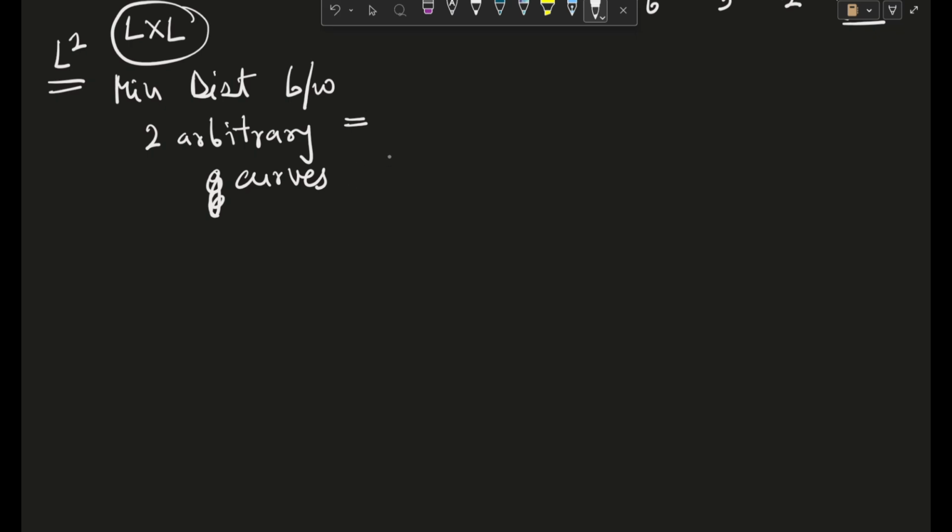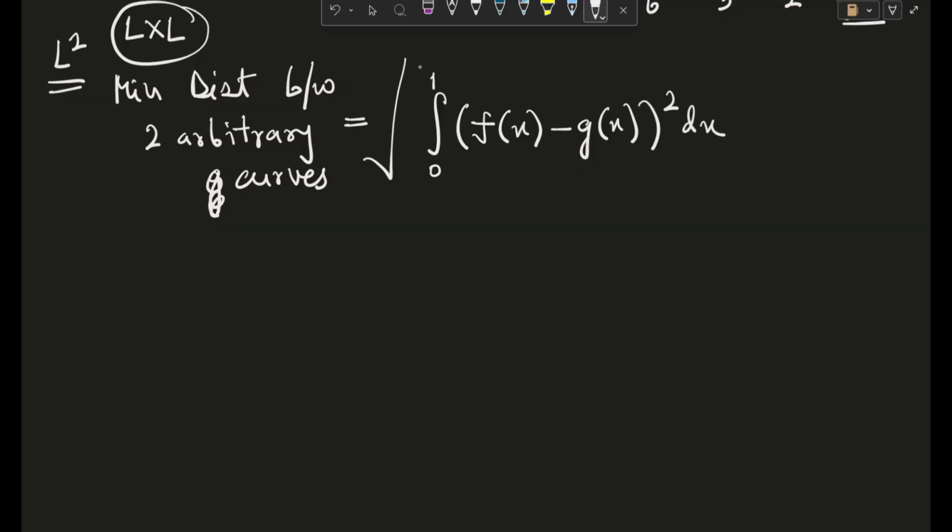So this thing actually comes out to be root under integral 0 to 1 of (f of x minus g of x) whole squared dx, root under. This is very similar to something you have learnt in physics in alternating current, something very similar to root mean square.